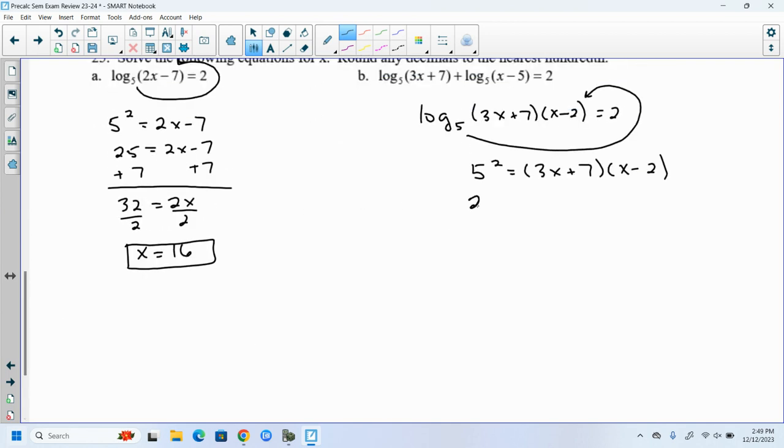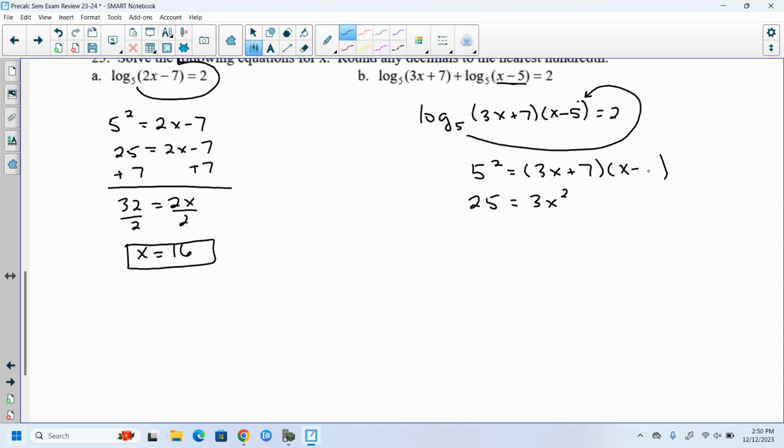All right, I'm going to have to FOIL and then see how I can solve it from here. I get 25 equals 3x squared minus 6x plus 7x. No, minus. What did I do wrong? Oh, this x minus 2, or that should be a 5. Oops.